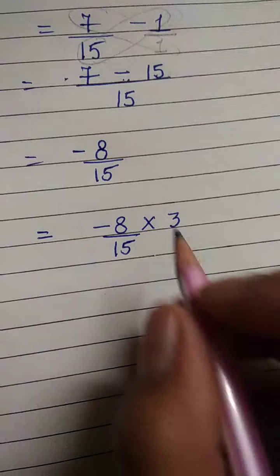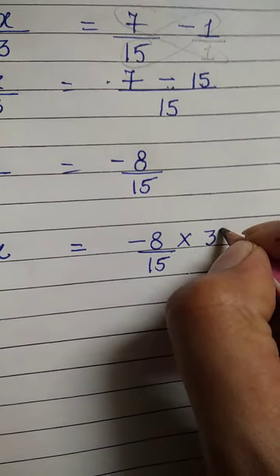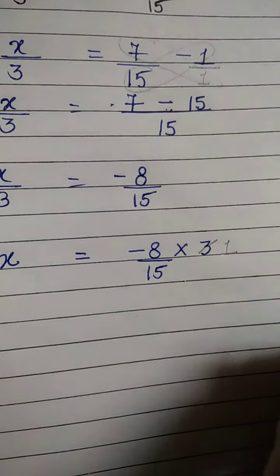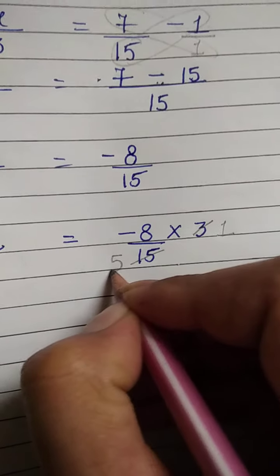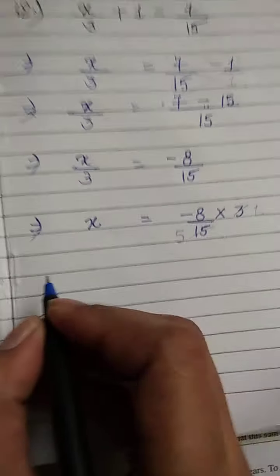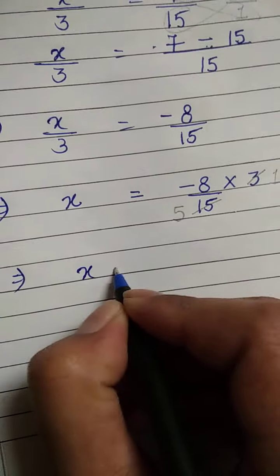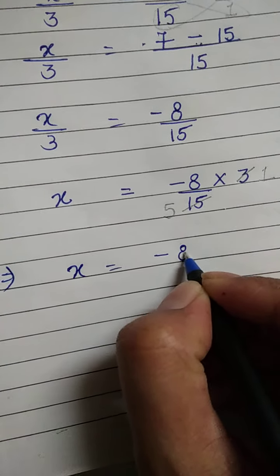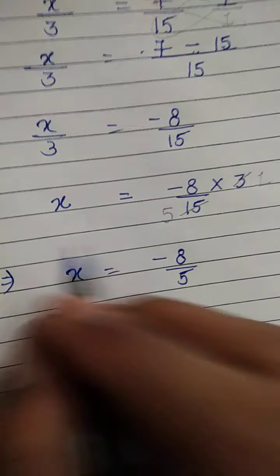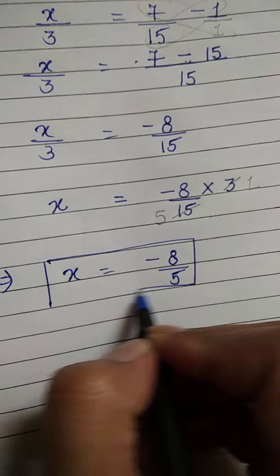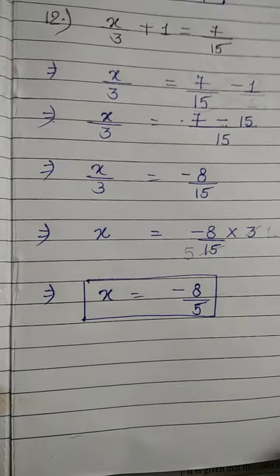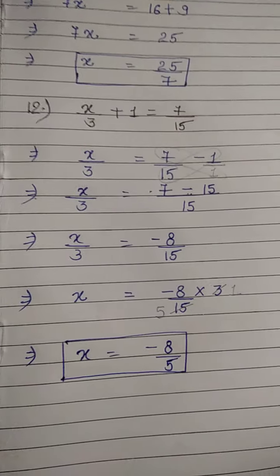So when you cut 3 and 15, 3 1s are 3 and 3 5s are 15. So what is the answer of x? The answer of x is minus 8 by 5. It's your answer.